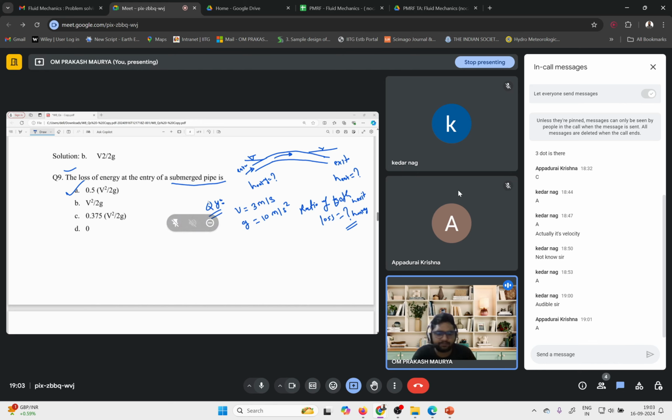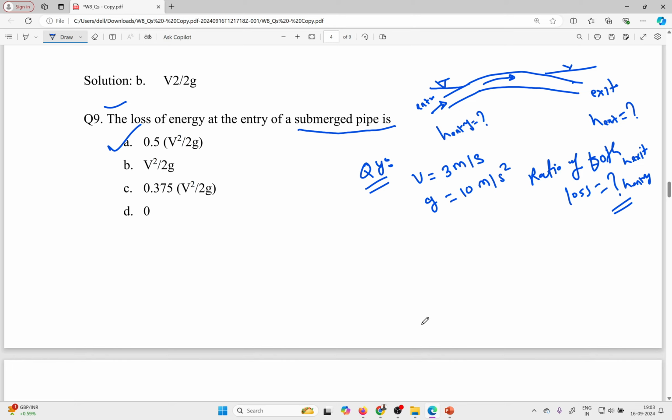Okay, if I give you the options of this question, like option A is 0.3, B option is 0.5, C option is 2, D option is none.